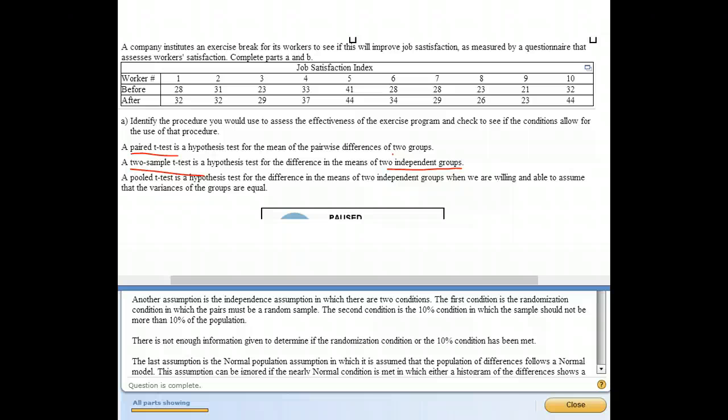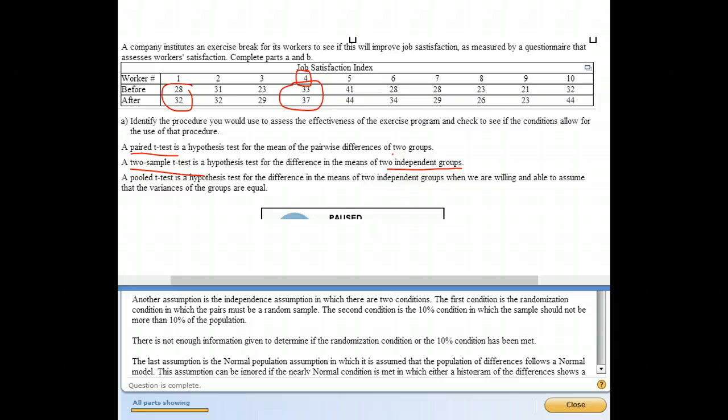And in this case, just to hasten to the conclusion, these results are the pairs. So we have a pair here and we have another pair here. If you examine how these data were collected, this 33 and this 37 are both related to the same worker, number 4, who was selected.